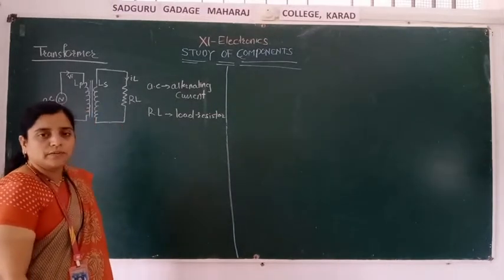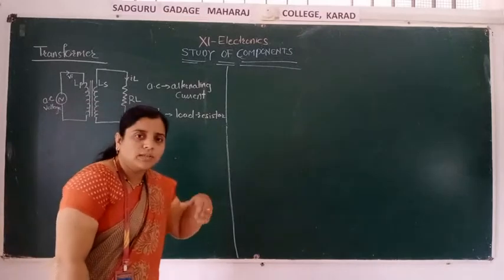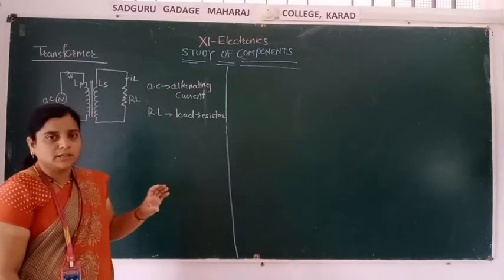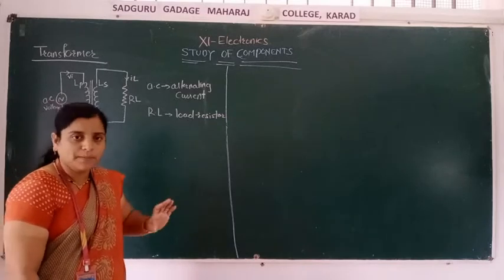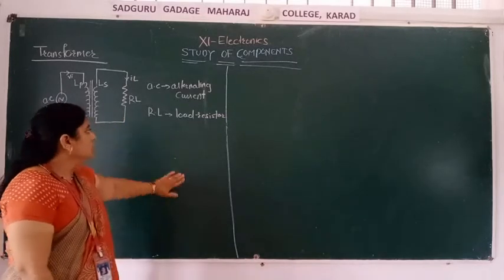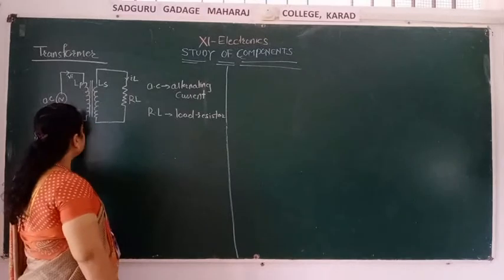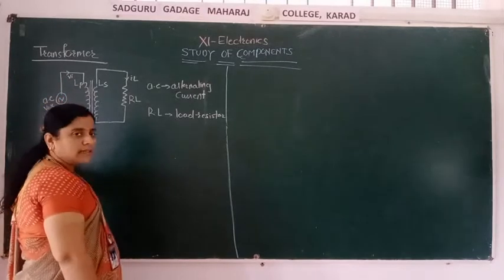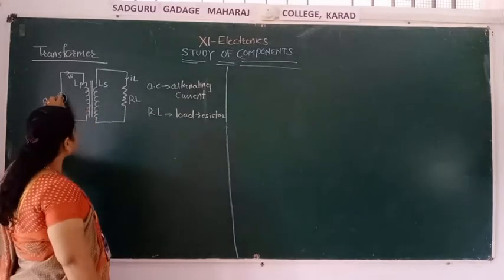Basically, the function of a transformer is to transfer the voltage or current, converting the AC voltage into DC voltage. In the transformer, the number of turns of the primary is connected to the AC voltage, the alternating voltage.